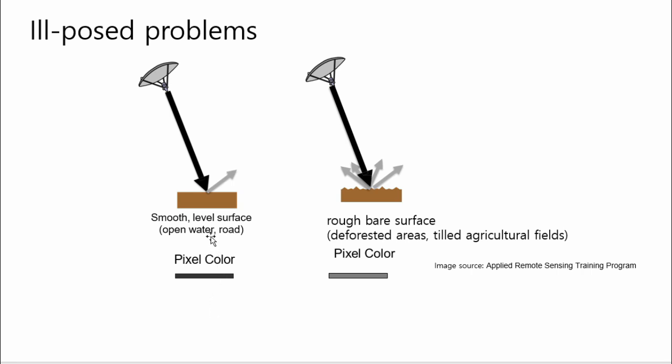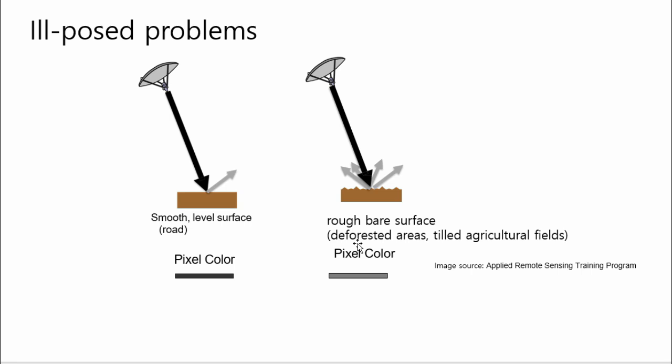When the surface is smooth, it can be dark, but when the surface is rough, for example tilled agricultural fields, or when there is water or soil moisture, it becomes brighter.